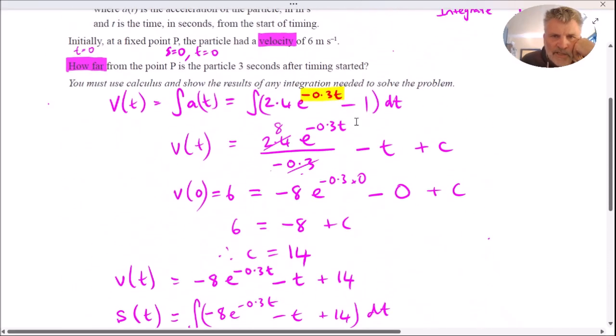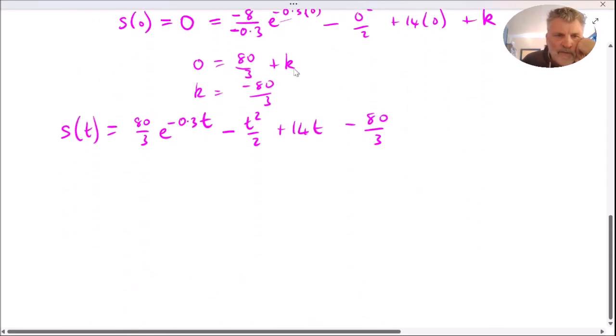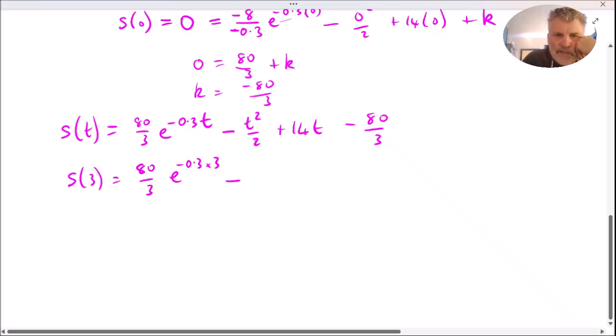And the question asks us to find how far it is at time 3. So S of 3 is 80 over 3 e to the minus 0.3 times 3 minus 3 squared is 9 over 2 plus 3 times 14 is 42 minus 80 over 3. Here's the difficult bit.